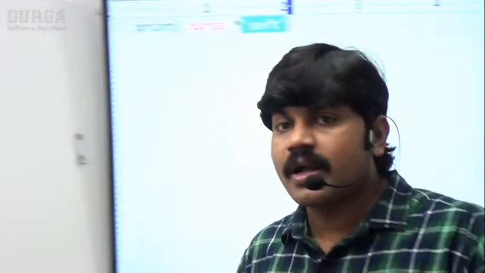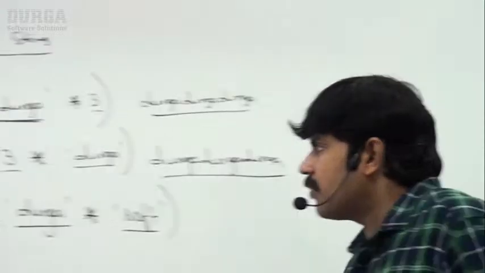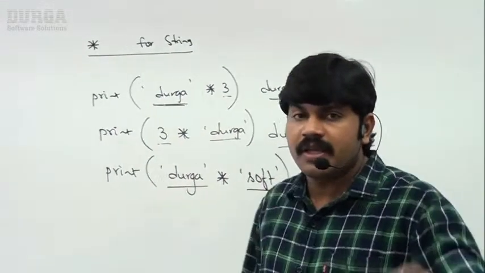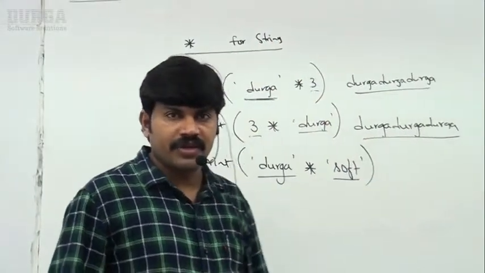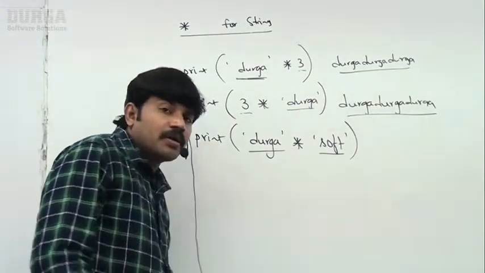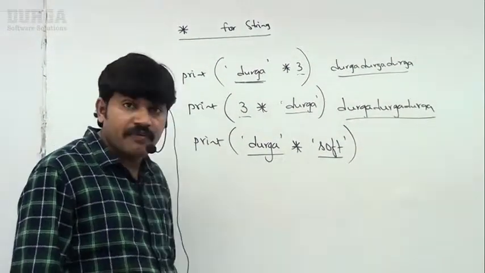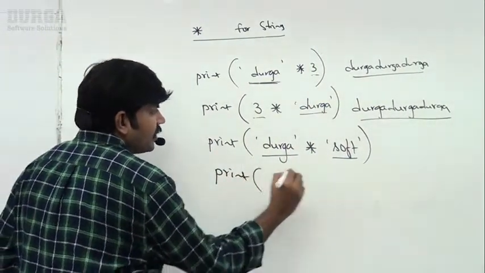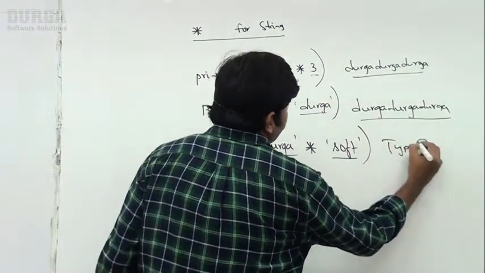So compulsorily one argument should be a string and the second argument should be int. By mistake if you take anything else, immediately we are going to get an error. Remember, you can't take a float value, you can't take a string value. Now I'm taking this, can you please confirm whether it is valid or not? This one is a type error.